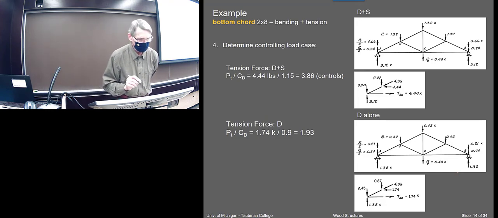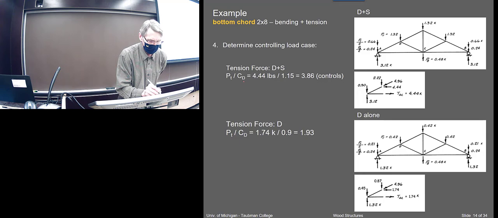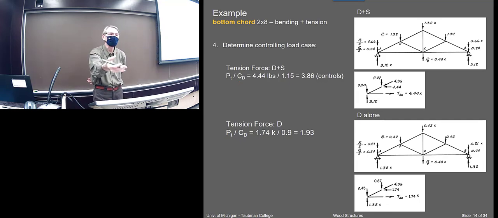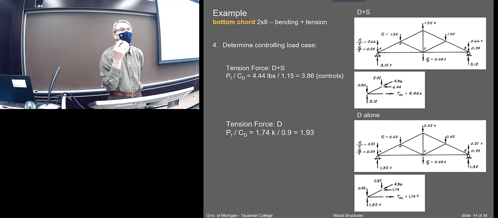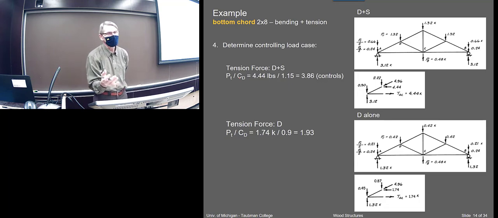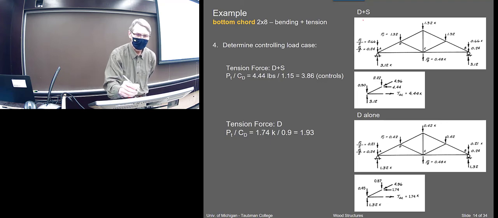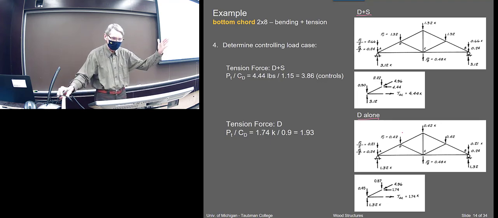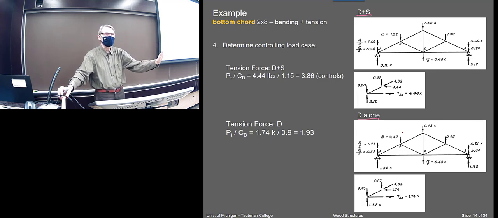Here we're going to look at the tension force. This sheet I'm just confirming that dead load plus snow load controlled, because there are two load cases. There is a dead load plus a snow load, and then there's a snow load if the snow melted.